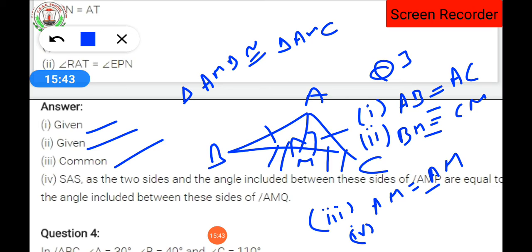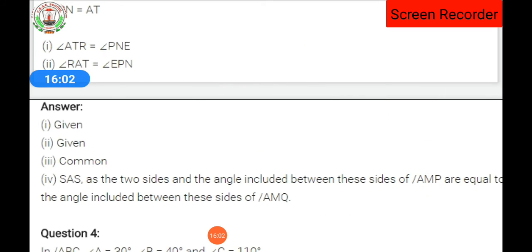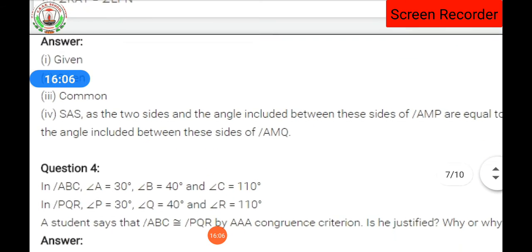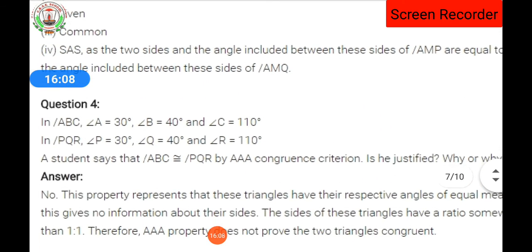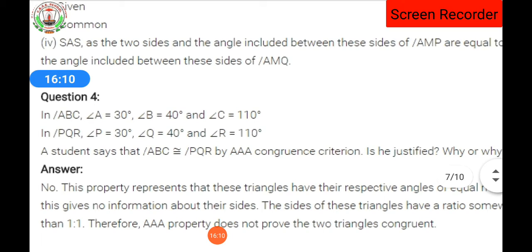So angle AMB is equal to angle AMC, isn't it? So by side congruence criteria, triangle AMB is congruent to triangle AMC. Clear everyone? So dear students, here question number 3 explanation is over. Hope you understood. Clear? Look at the question in your book. Only the reason is being asked there, nothing more than that.